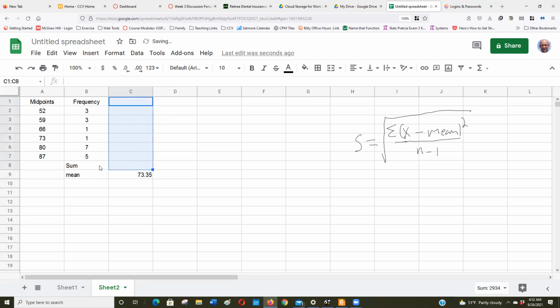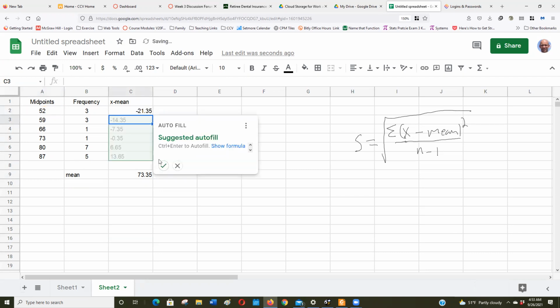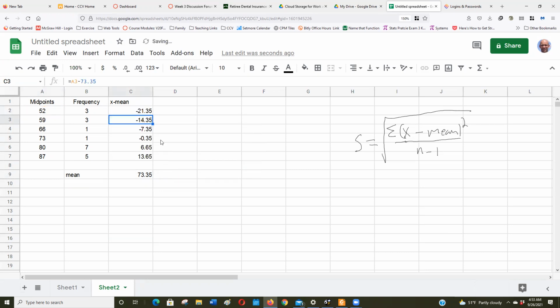okay, here. All right, so the first step in the process is to take each value and subtract the mean from it. So x minus the mean, so I'm going to do equals. Now my x's are those estimated midpoints, right? And I'm going to subtract 73.35. And of course, Google Sheets is so smart, it fills it down for me.